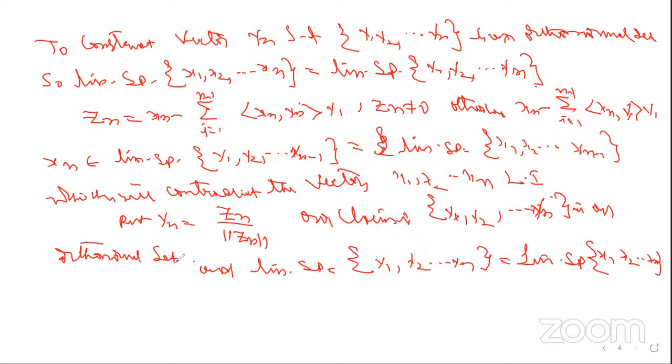So clearly the norm of yi equals 1 for all i equal to 1, 2, etc.